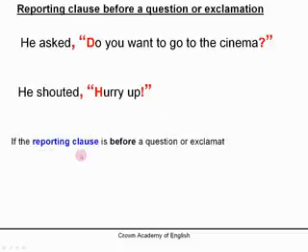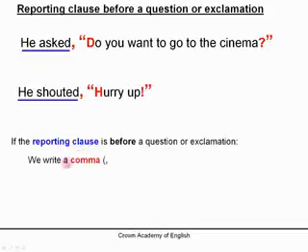Again, if the reporting clause is before the question or exclamation, which it is here, this is the reporting clause before a question, and here is a reporting clause before an exclamation. So the rules, well, the first rules are the same.